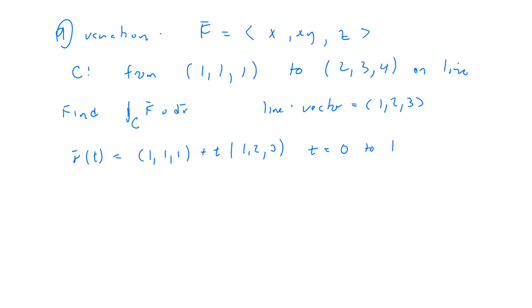It's just going from 0 to 1. And you can pretty easily check. If I put in 0, I get the starting point 1, 1, 1. If I put in 1, I get the 2, 3, 4. So I'm going from one point to the other. Or we really want it in this form. It is 1 plus t, 1 plus 2t, 1 plus 3t.